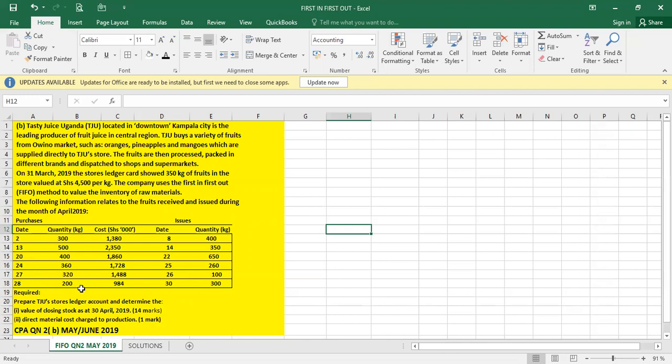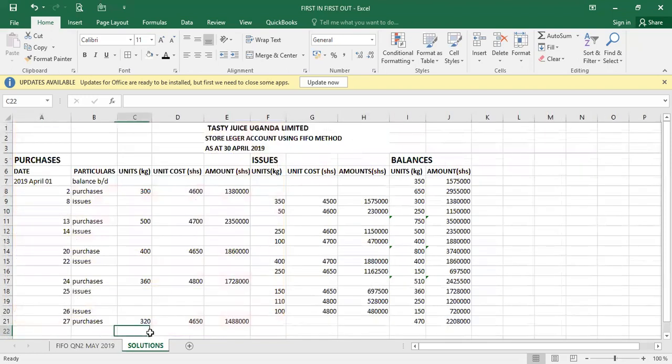The next date, we finished this, it is 28th. Again, we are purchasing. This is the 28th, this is the last one. On 28th, we are purchasing 200 units at a total cost of 984,000.